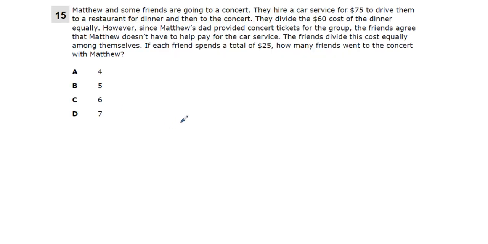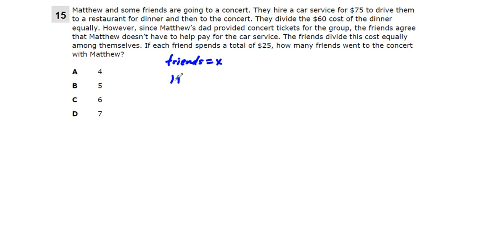15. Matthew and friends are going to a concert. They hire a car service for $75, take them to a restaurant for dinner, and then a concert. They divide the cost, $60 for the dinner, equally. However, what we have is an equation where the friends is equal to X, okay?